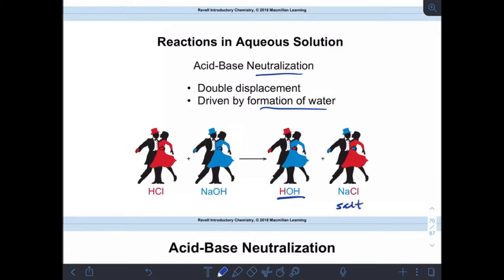To be clear, even though this example is showing what we know of as common table salt, in chemistry, the term salt is any ionic compound. It's a generic term for an ionic compound. So you can always say acid plus base makes water and salt.